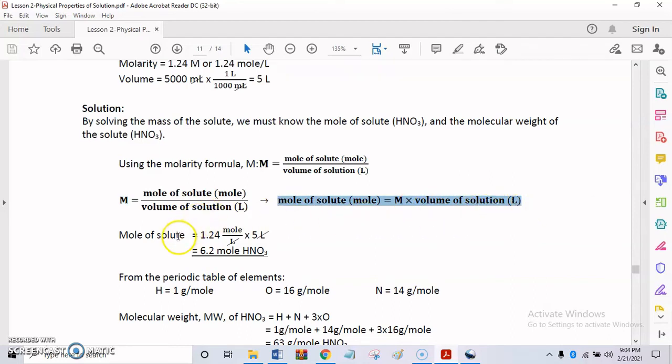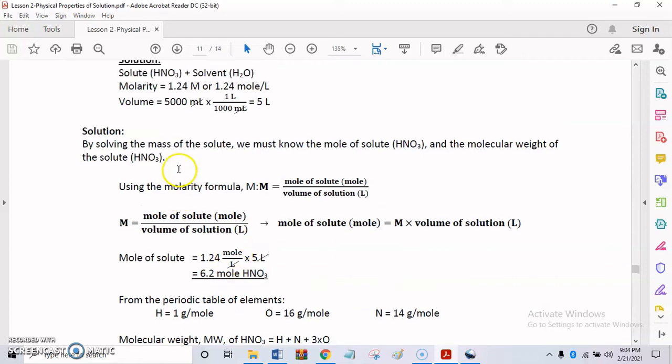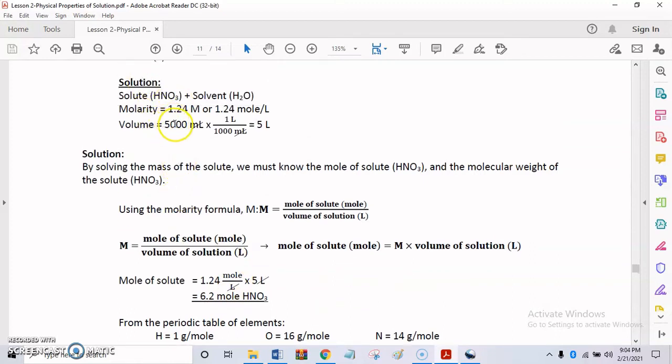So, mole of solute is equal to, given 1.24 mole per liter of solution, you multiply it by 5 liters of solution. Okay? Because molar is mole solute over liter solution. The liter solution given here is 5,000 ml or 5 liters.